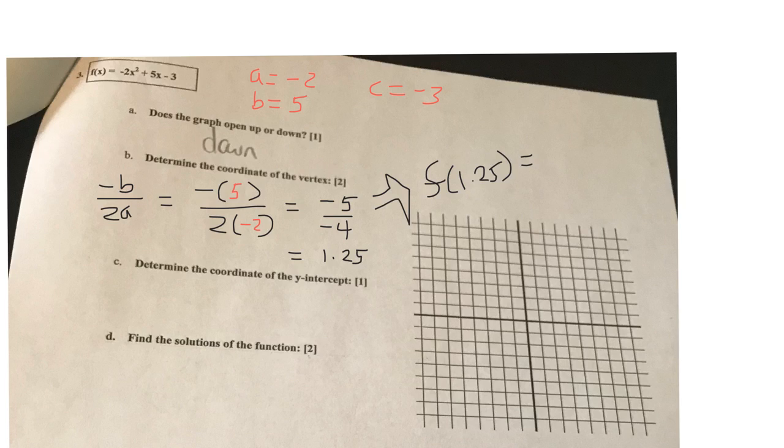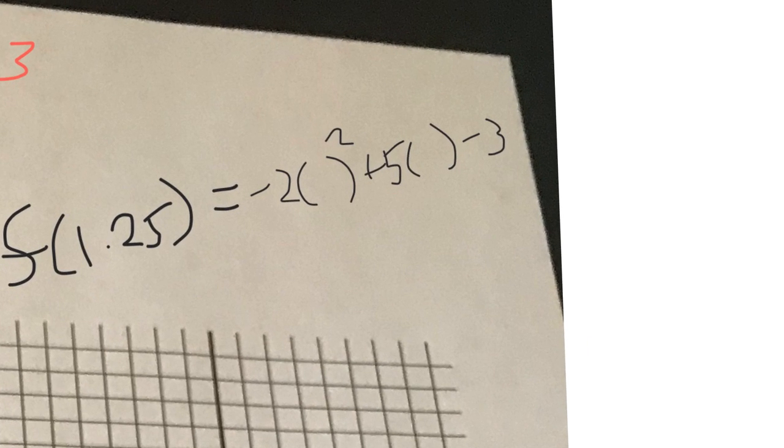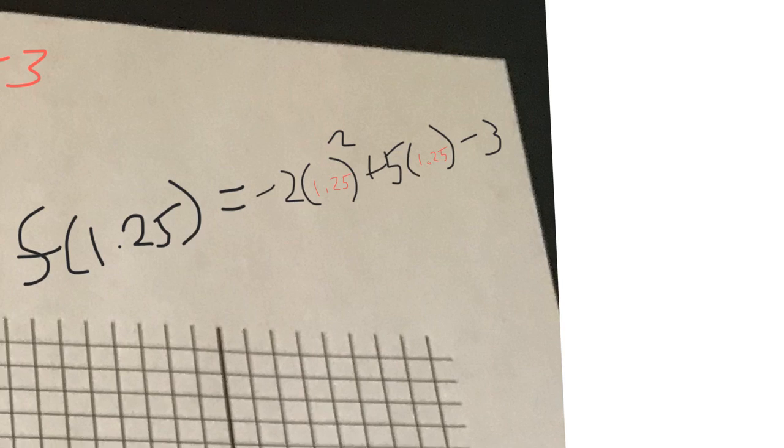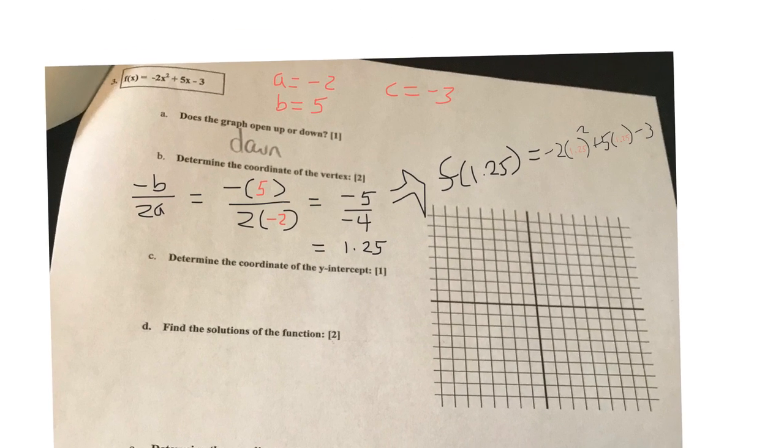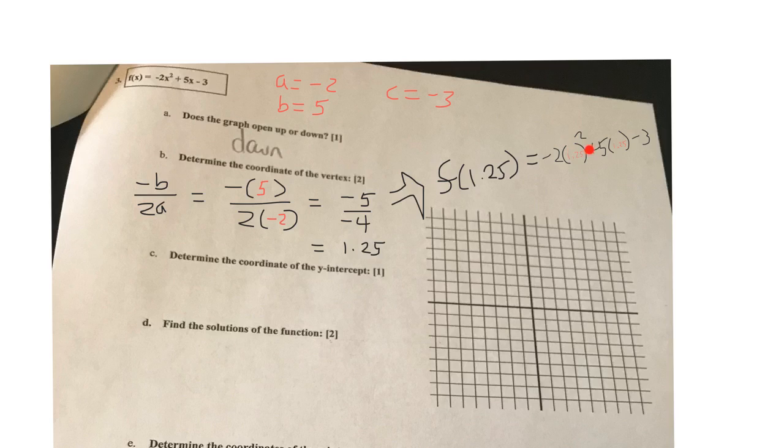So this might be very thin, but hopefully y'all can see it. Empty parentheses plus 5 times an empty parentheses minus 3, and 1.25 is going to go inside these parentheses. So that is the calculation that we're going to need to perform.